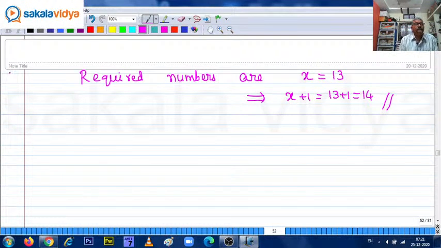Therefore the required numbers are 13, 14.